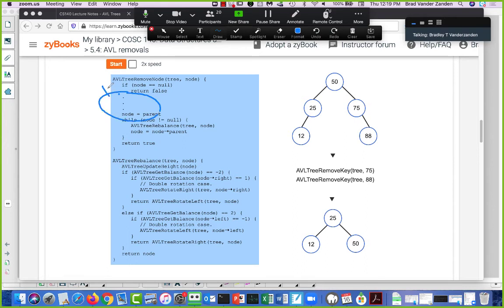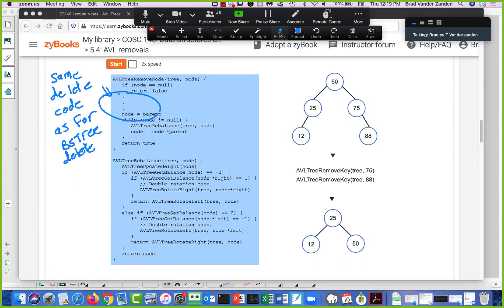This is the same delete code as for AVLTree delete, not doing anything differently than the normal deletion code.